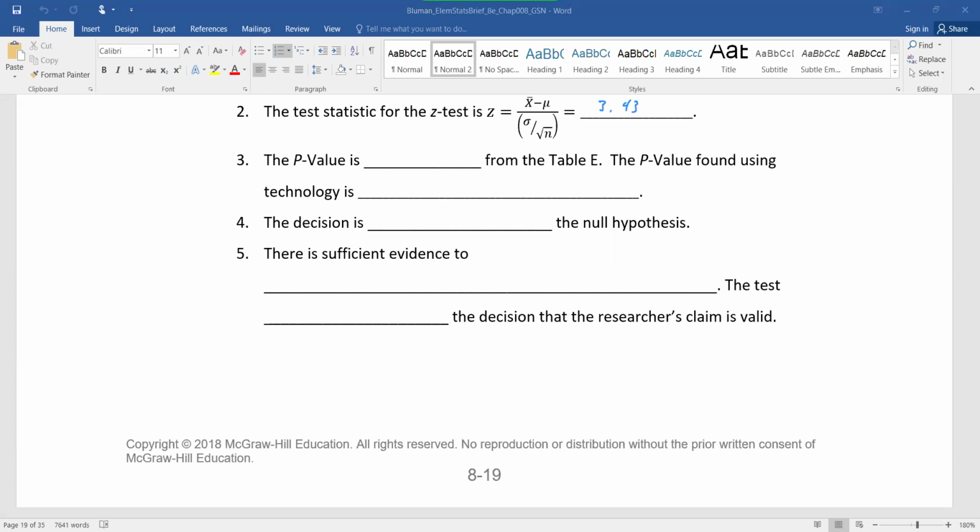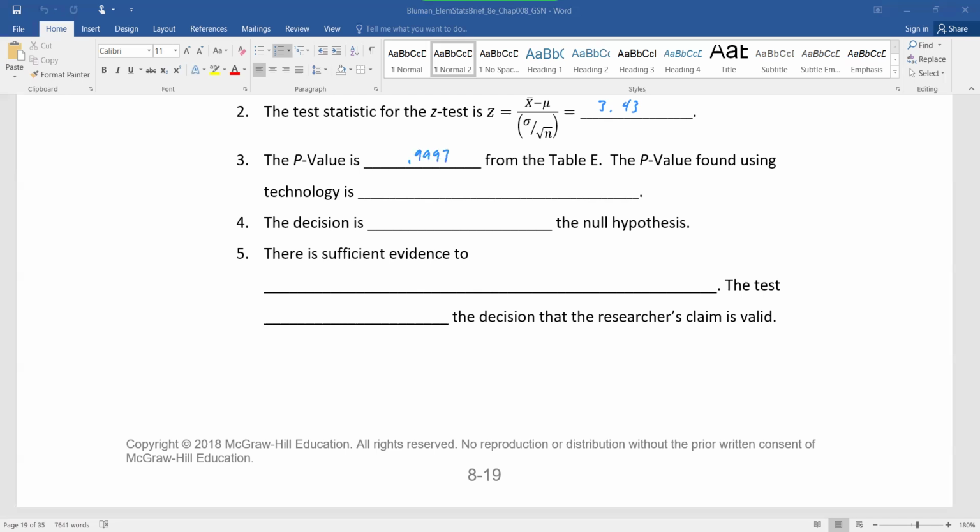All right. So the p-value: 3.43 is what we got. So for the p-value, we would have to use table E. What is the z-score at 3.43? What's the area under the curve? 0.9997.